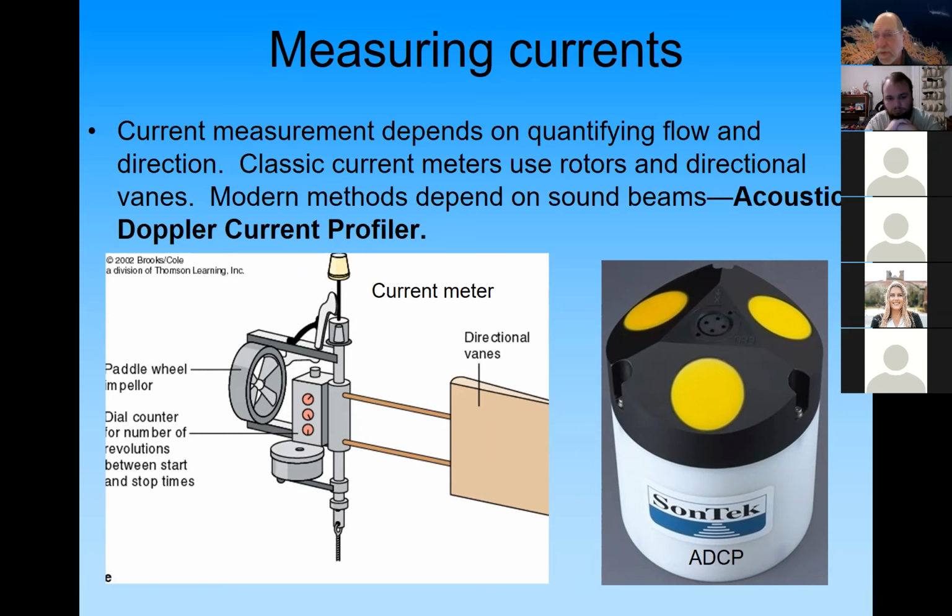Depending on the frequency, higher frequency ADCPs produce higher resolution but lower range. So a surface ADCP might have a range of 100 meters, whereas a low frequency ADCP might have a range of 1,000 meters, but with less resolution.